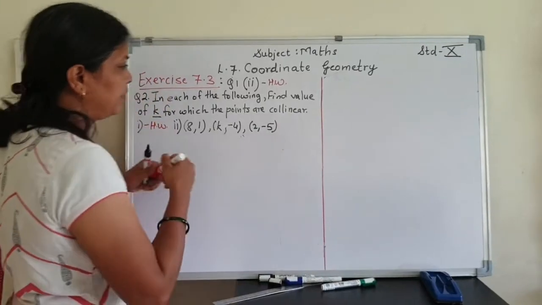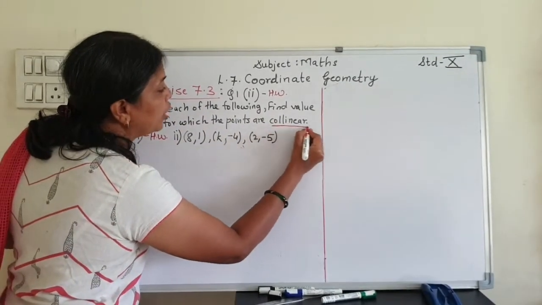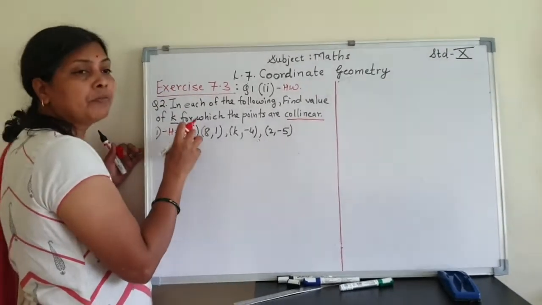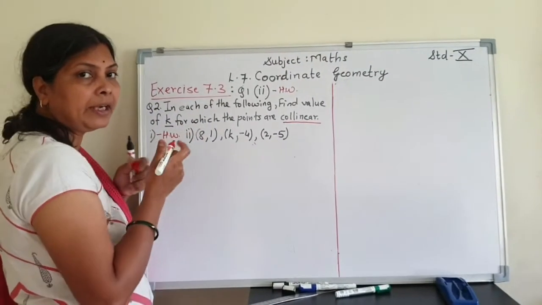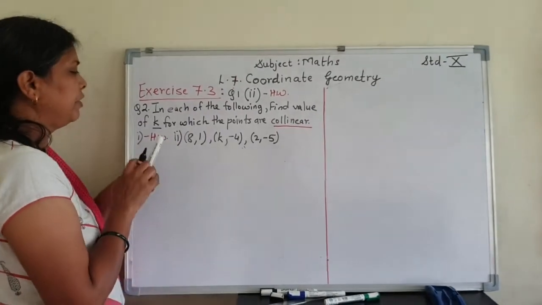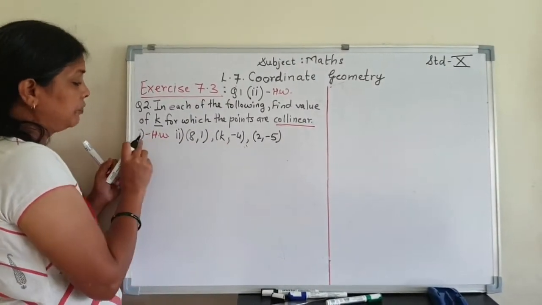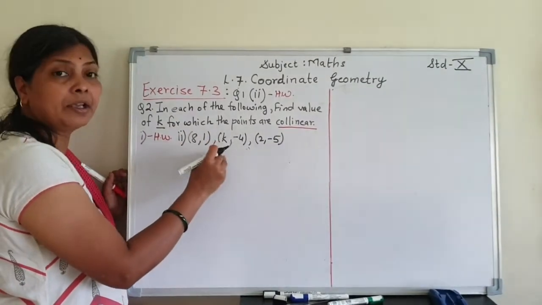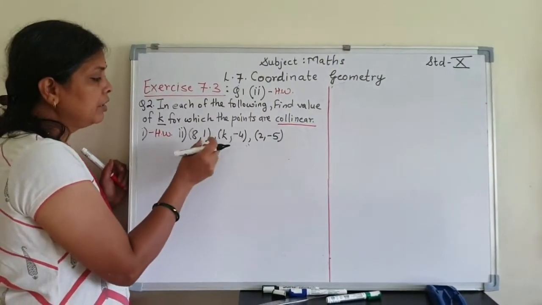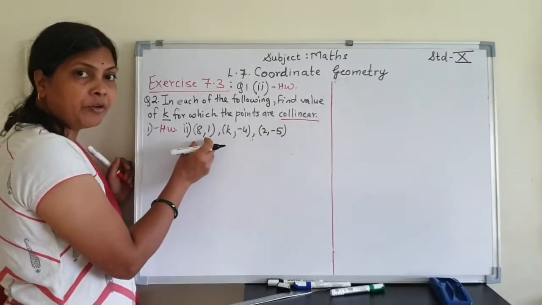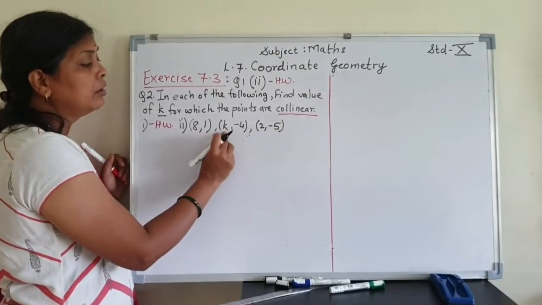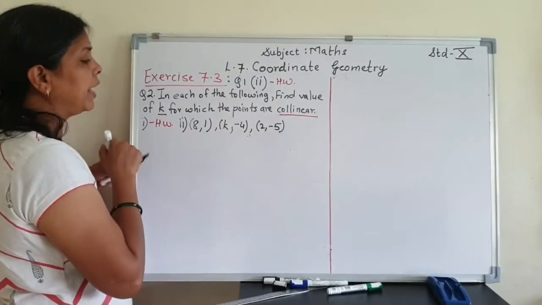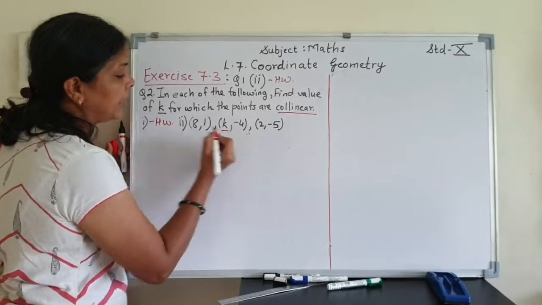Same formula we are using, that area of triangle, and we will find the value of k in this. Again here I have given you the first one as homework and we are trying the second one. Here the coordinates of points are given: 8, 1, k, minus 4 and 2, minus 5. Here we have to find the value of k.